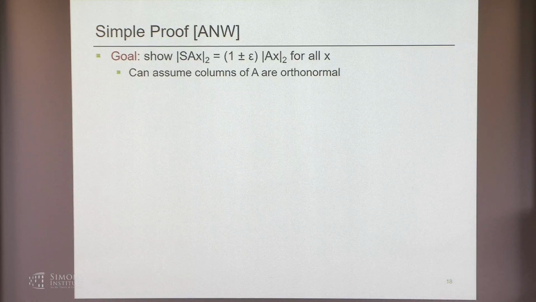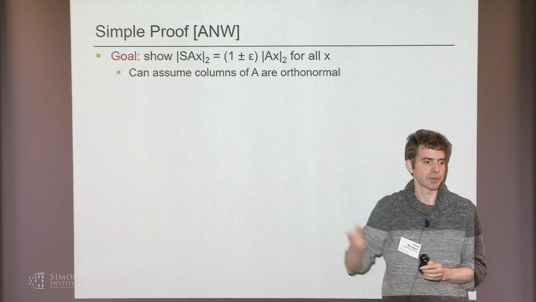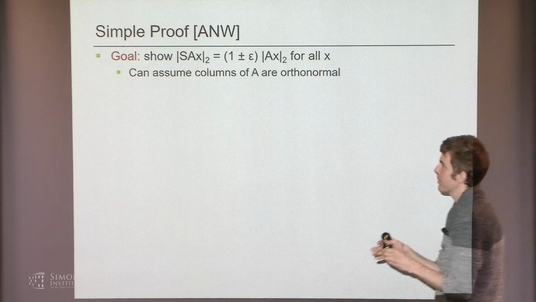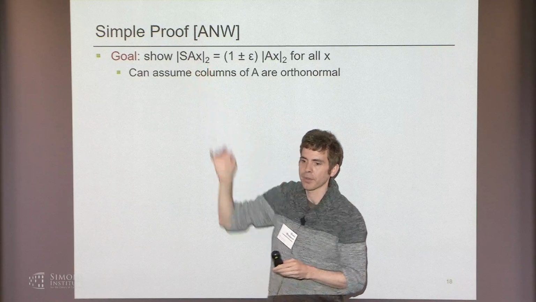We just have the subspace embedding property we'd like to show. The first observation is you can assume that the columns of A are orthonormal. Why is that? Well, you're going to be proving this statement for all vectors x, right? So as I range over all x, I'm ranging over all Ax. I'm ranging over all vectors in my column space. It doesn't really matter which basis I range over. So I might as well range over a basis where A has orthonormal columns.